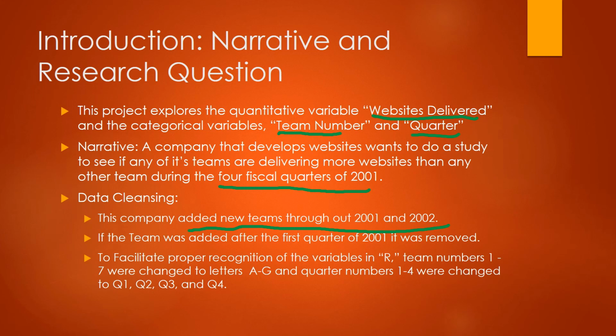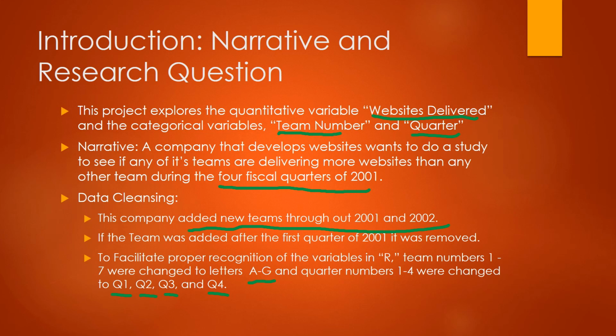And then to facilitate proper recognition of variables in R, team numbers, which were given as 1 through 7 for this particular data set, were changed to letters A through G, and quarter numbers 1 through 4 for 2001 were changed to Q1, Q2, Q3, and Q4.